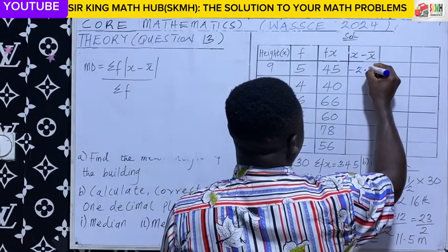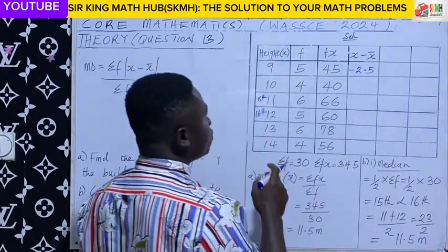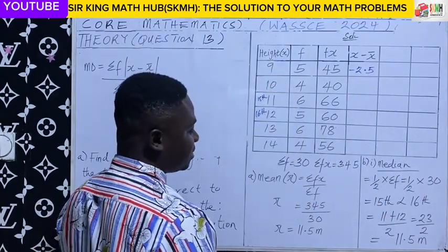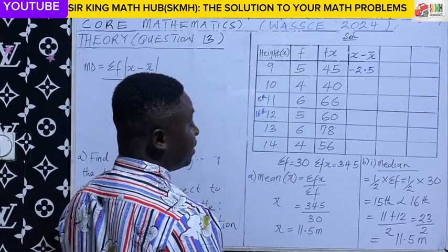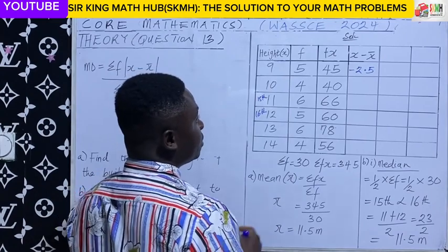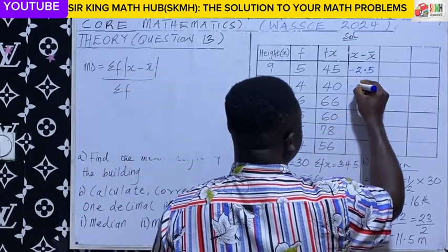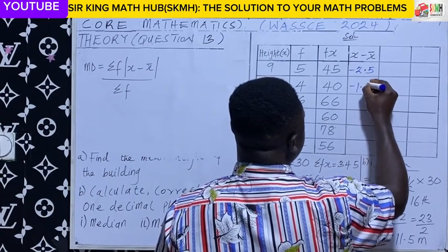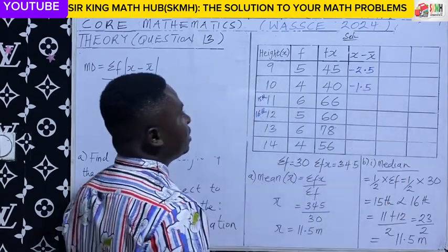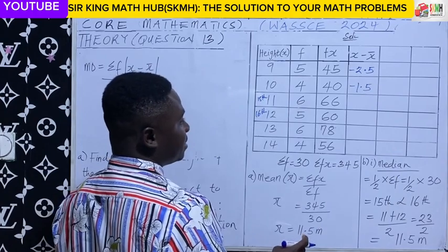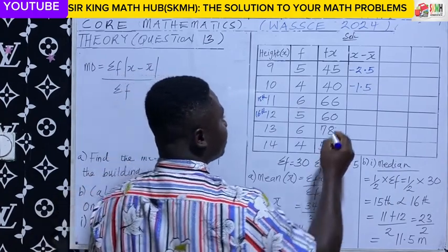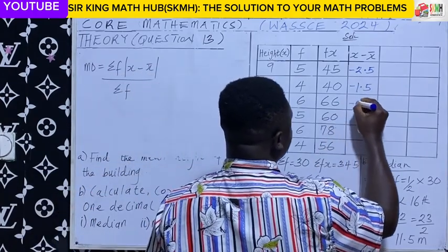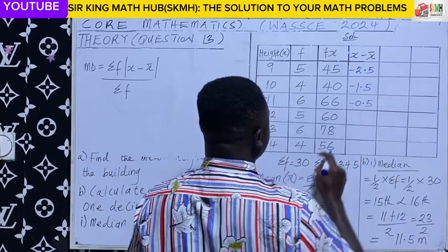2.5. Now the next one, 10 minus 11.5. That is the mean. This should give us negative 1.5. And then 11 minus 11.5 should give us negative 0.5.